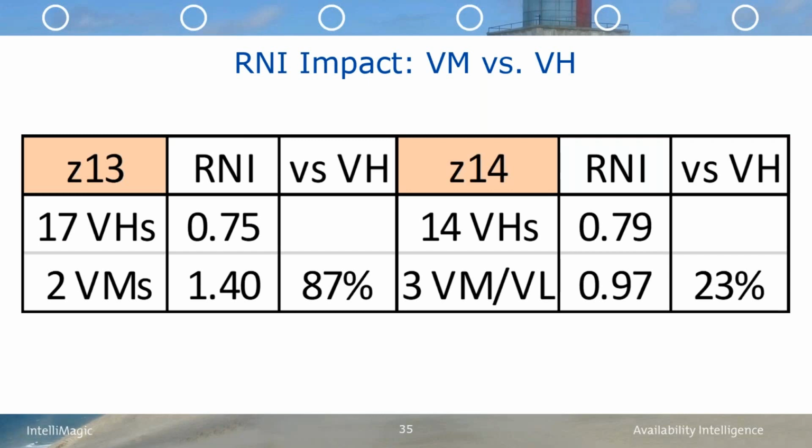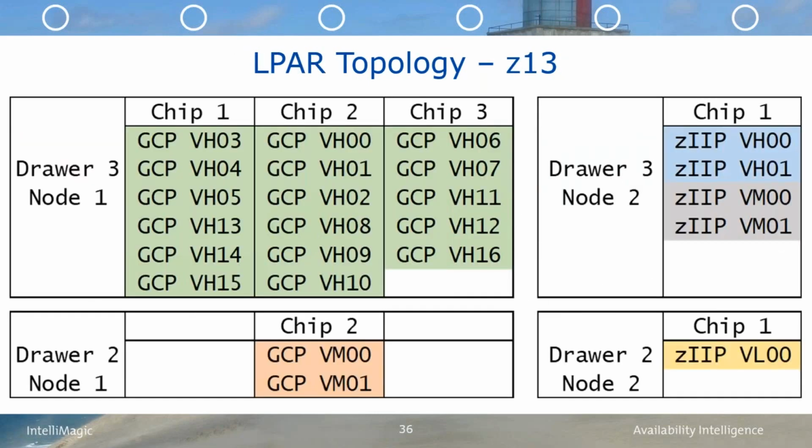And from our earlier discussions, you may be able to anticipate what the underlying LPAR topology changes appear to be. Here's the LPAR topology diagram for this LPAR when it was running on a Z13. Note that the vertical mediums in orange are in a separate drawer, drawer 2, from all the vertical highs in green in drawer 3.